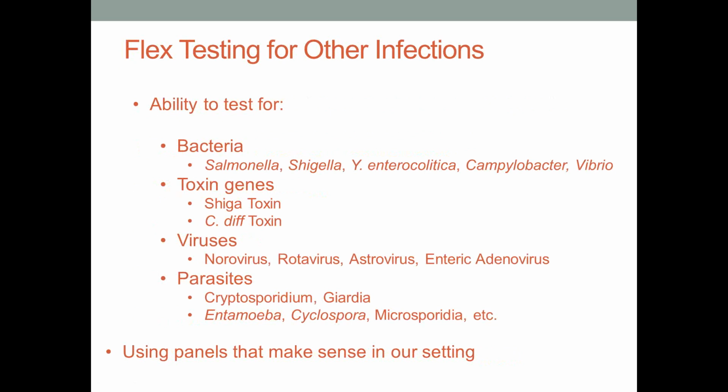So what we can envision doing with the ability to reflexively test for GI pathogens is to create panels and to use those to address things like nosocomial infections, community-acquired infections, and persistent diarrhea, and get the right set of targets so that we're keeping the cost reasonable and also not just taking a shotgun approach and testing for everything, which we all know the troubles that can come from if you're testing in a low prevalence population, or if you're testing for C. diff in a patient who you don't think has C. diff infection, especially in an era where we're having to report those numbers if they could be nosocomial infections, and that's affecting our reimbursement rate.